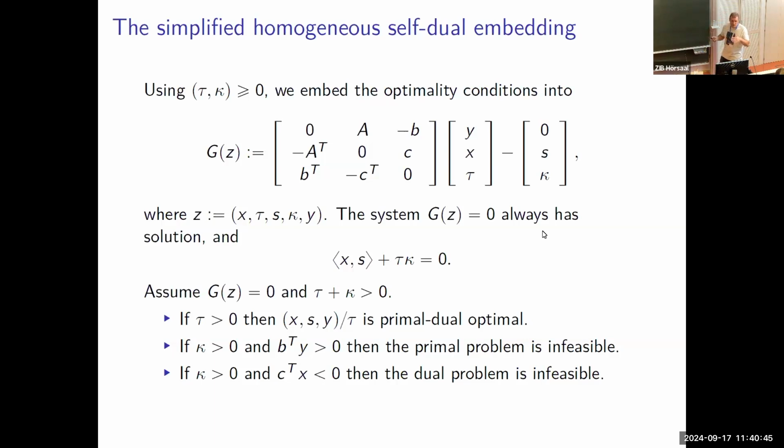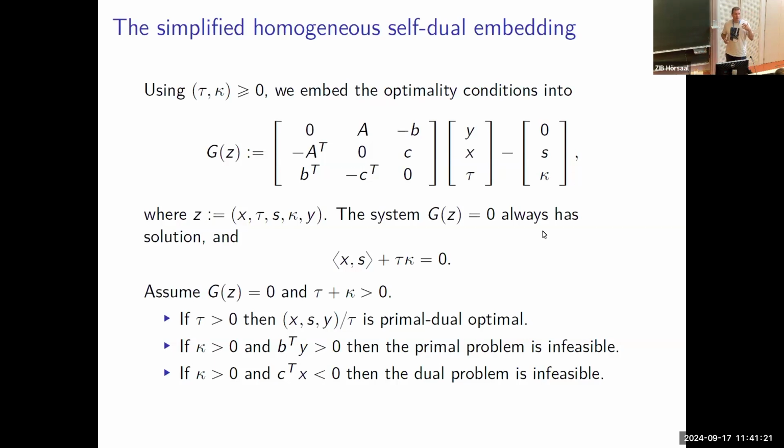The algorithm would try to steer you away from the zero solution and get a solution with strict complementarity, so that x and s are strictly complementary, and so are tau and kappa. So assume we have found a solution with strict complementarity, meaning that not both tau and kappa are zero at the same time. Then if tau is greater than zero, then kappa must be zero. And then we just normalize x, s, and y by tau, and then we have the usual optimal solution.